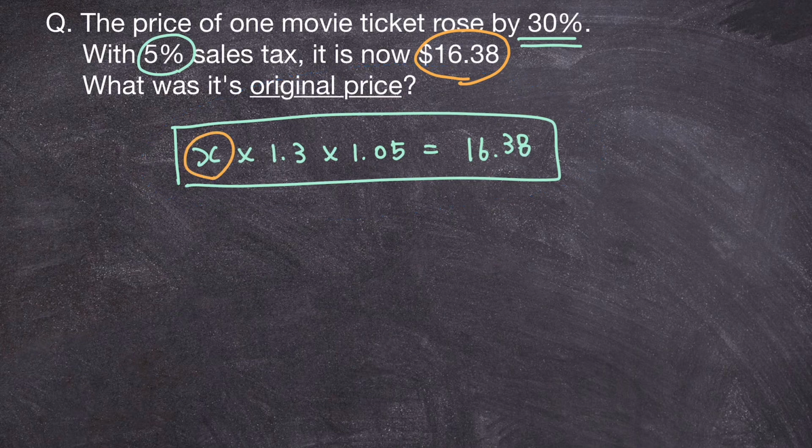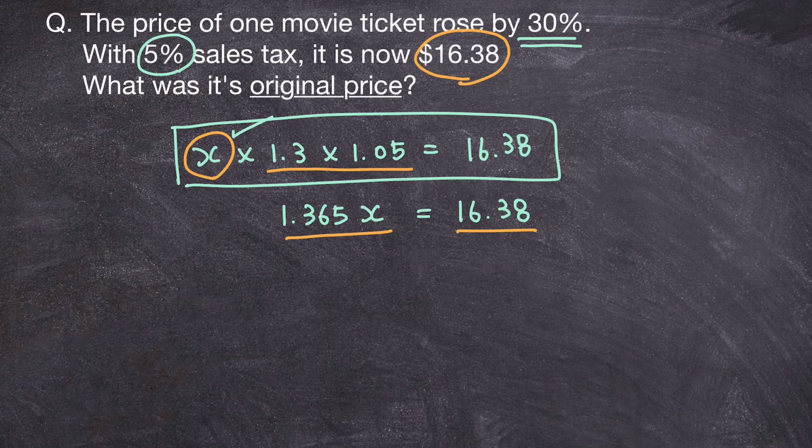Let's simplify this equation by multiplying these two numbers. Using my calculator, 1.3 times 1.05, I get 1.365. And if I multiply x here, I get this equation. In order to solve for x, I'm going to divide both sides by the coefficient of x, which is 1.365.